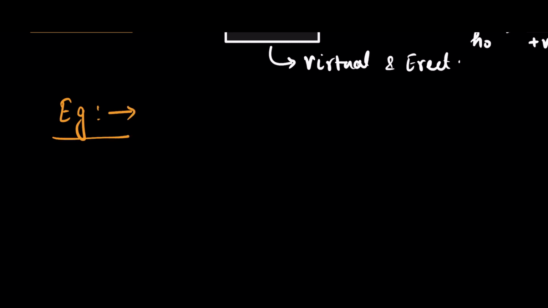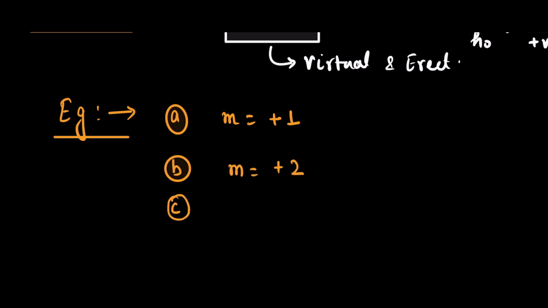If I have three values given, one is M is +1, M is +2, and M is +1/2.